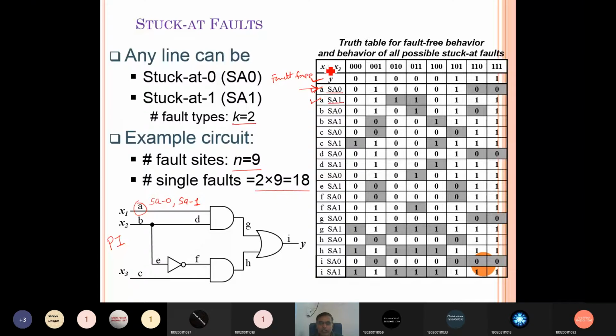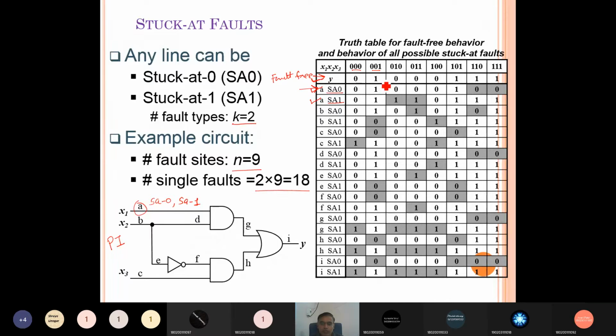This logic circuit has 3 inputs, so the possible combinations are 8, from 0, 0, 0 to 1, 1, 1. Now let me first find the fault-free output.